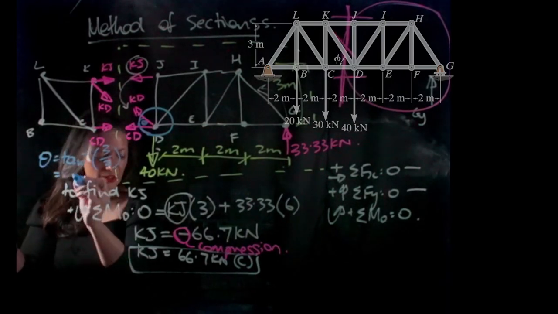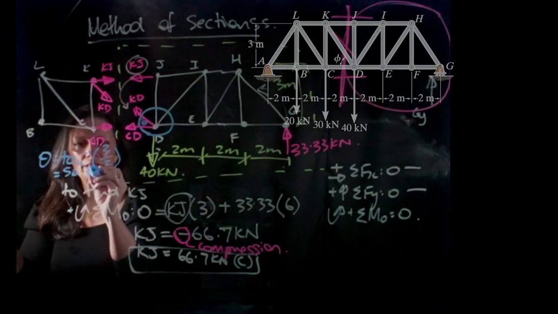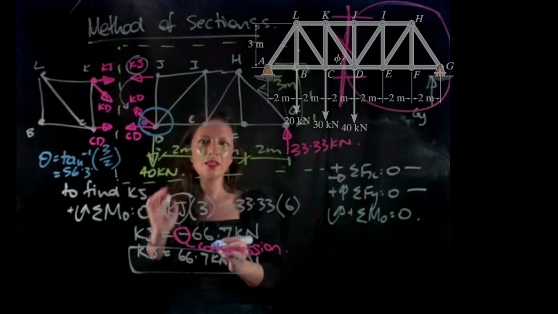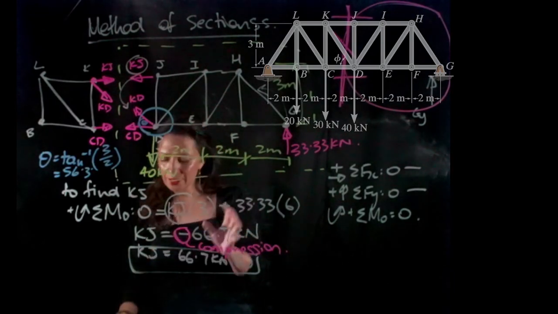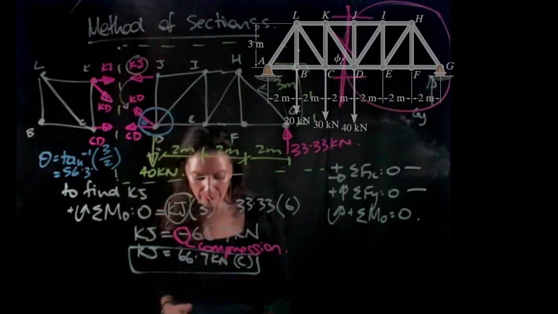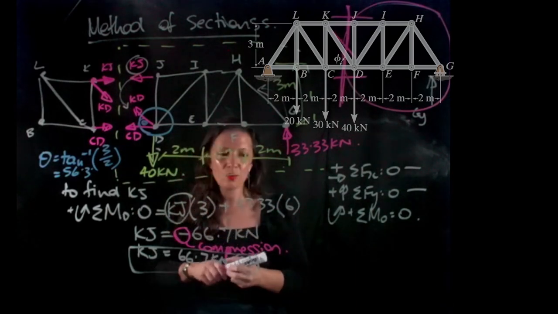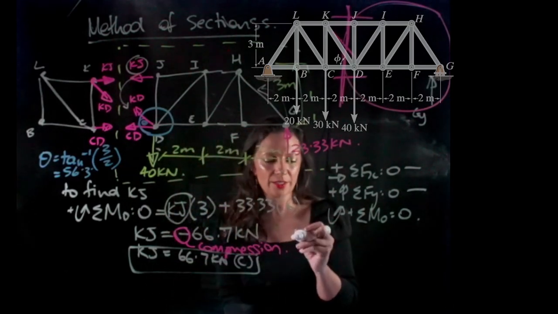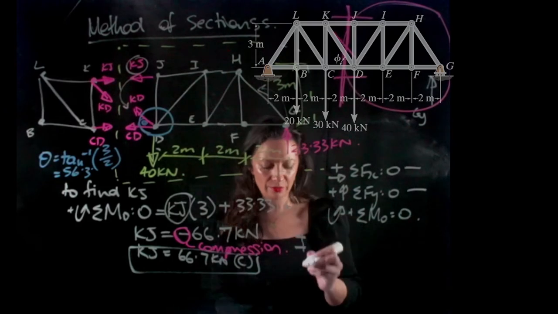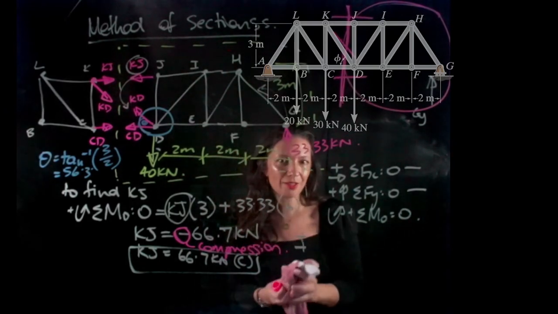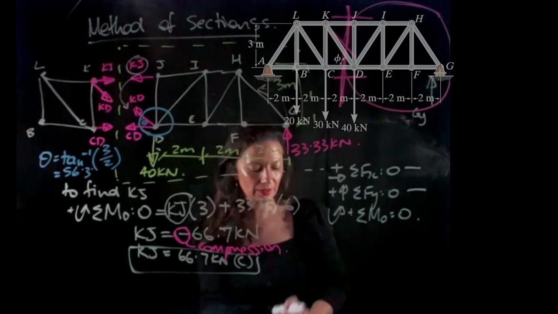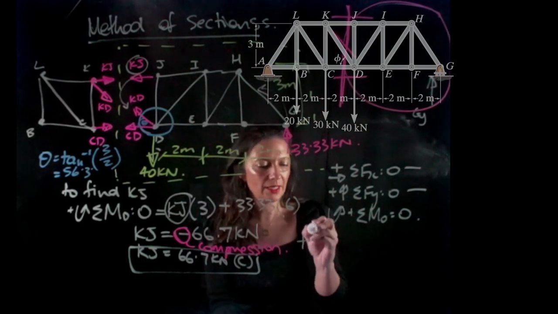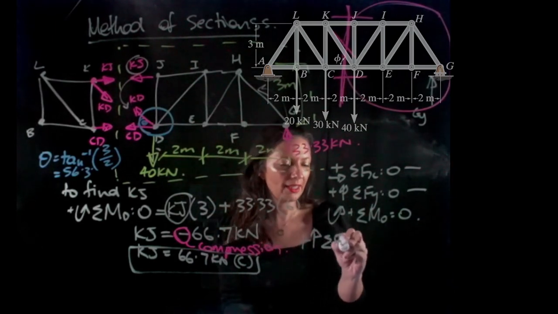So theta is going to be 56.3 degrees. So let's solve all the forces in the y direction first. The sum of the forces in the y direction has to equal 0.